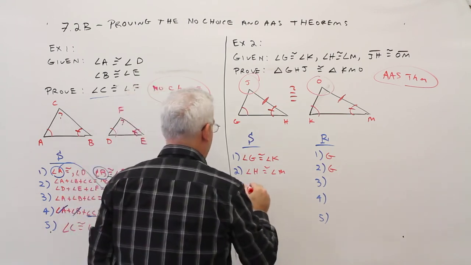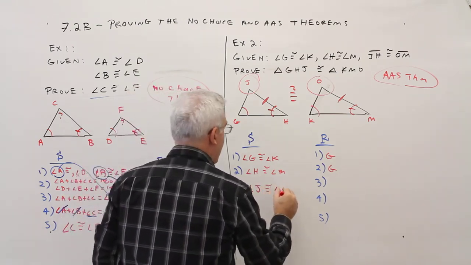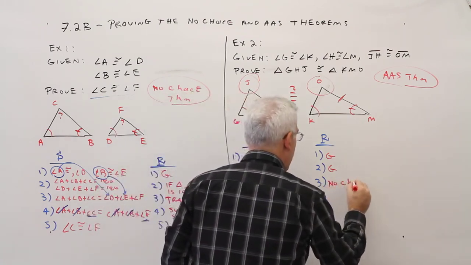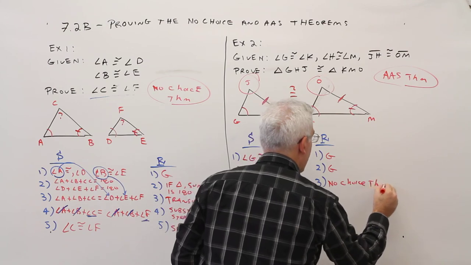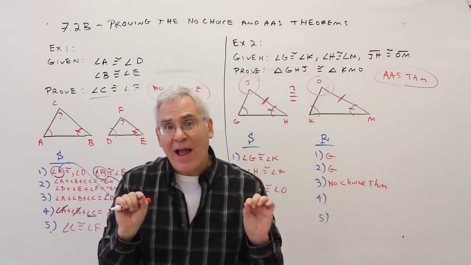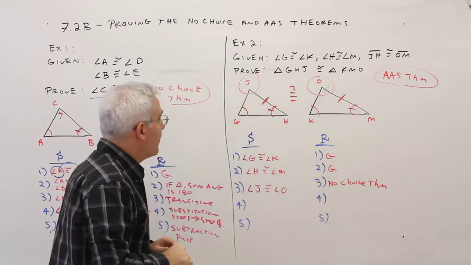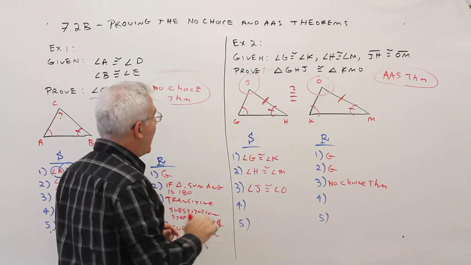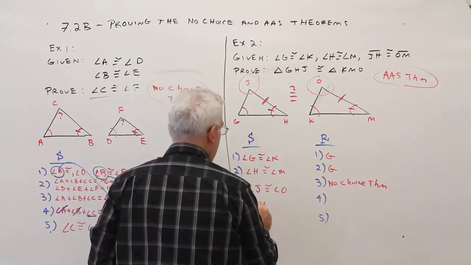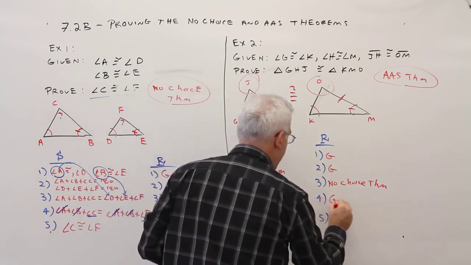So I can now say angle J is congruent to angle O by the no choice theorem. Note, the no choice theorem does not get triangles congruent, it gets the third pair of angles congruent. Okay, and then I've got the sides. JH is congruent to OM, that was given.